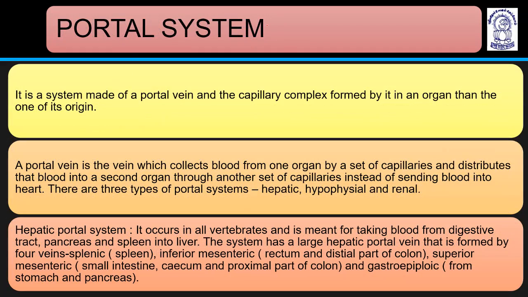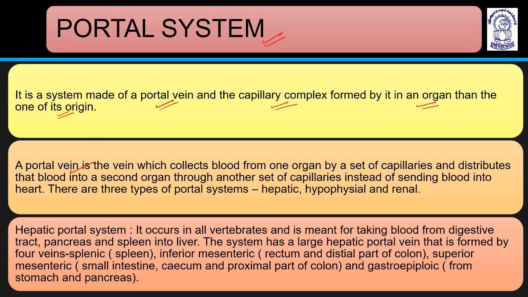Portal system, very important. Okay, what is a portal system? When we talk about the hepatic portal system or hypophyseal portal system, it is a system made up of a portal vein and a capillary complex formed by it in an organ other than the one of its origin.